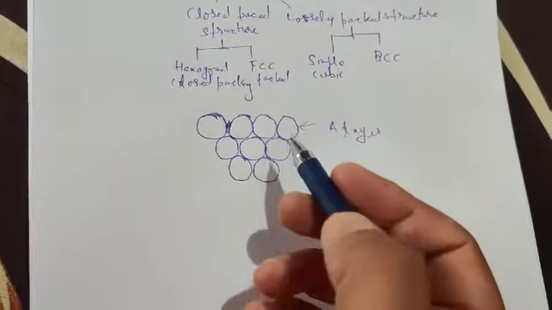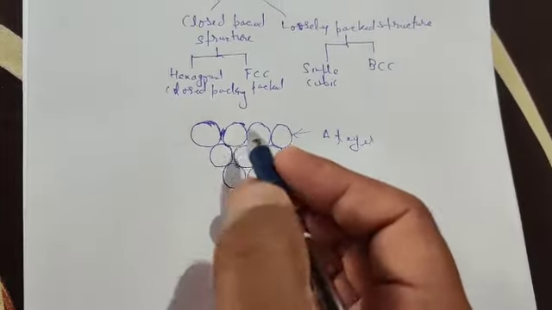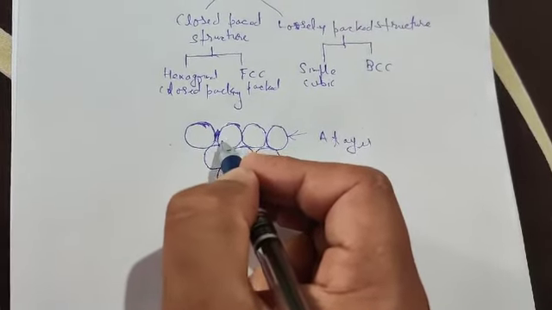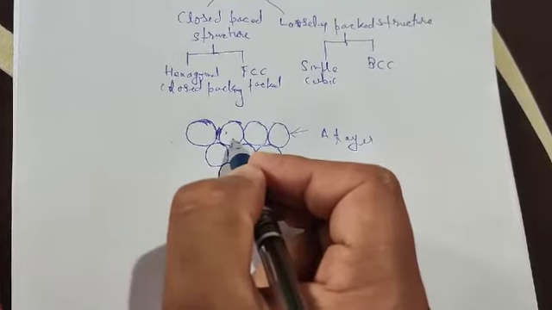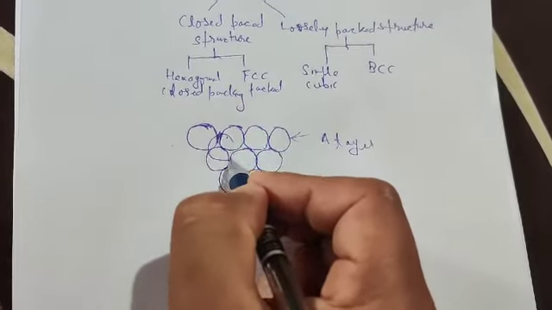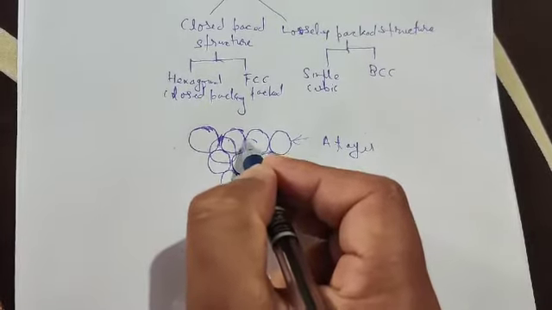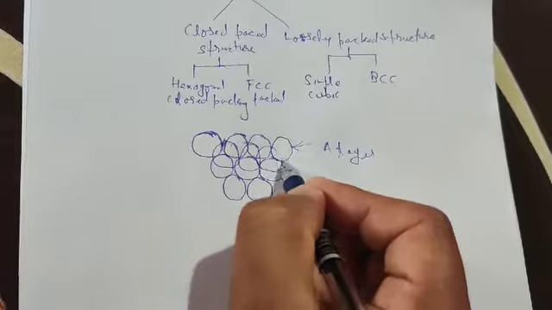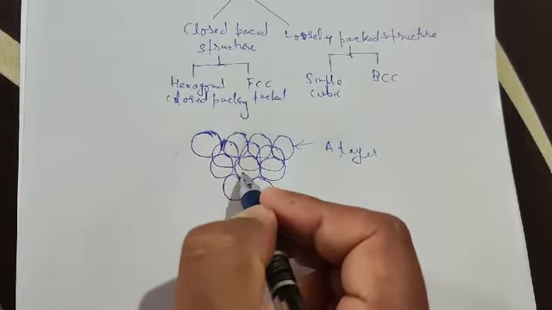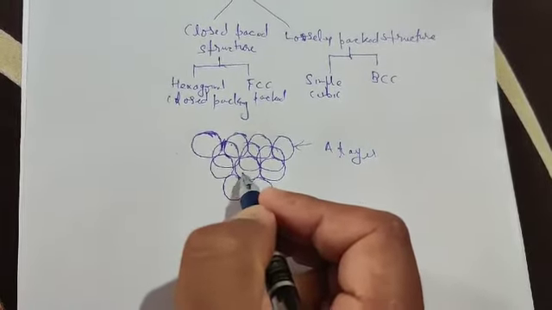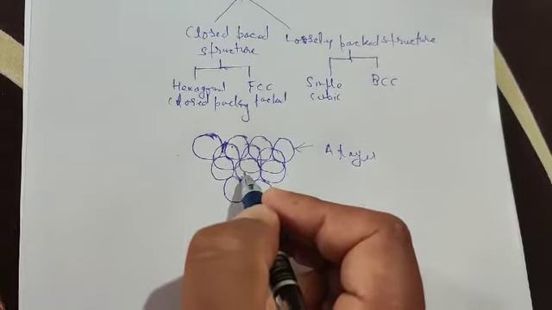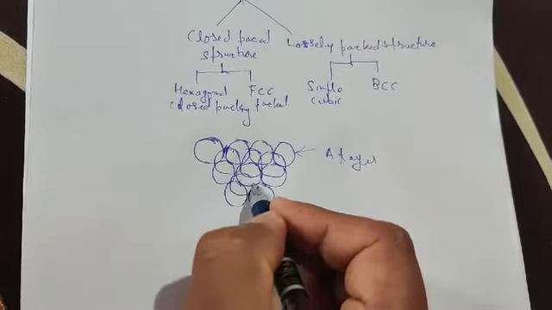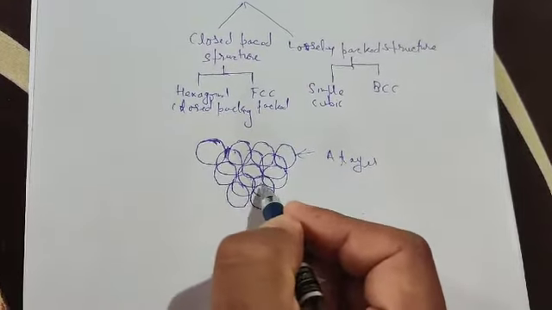So now we will place another layer on this, by placing another layer, that is B layer, on these depressions, and these depressions.